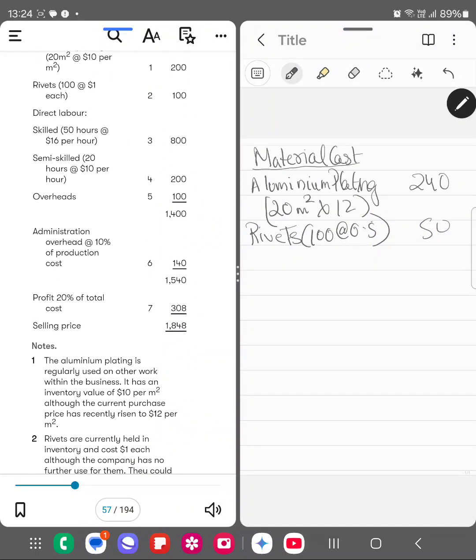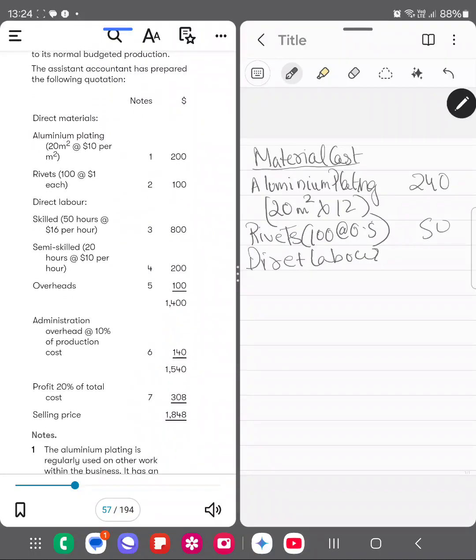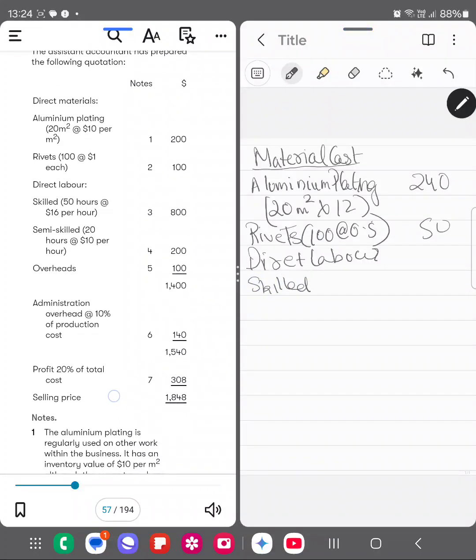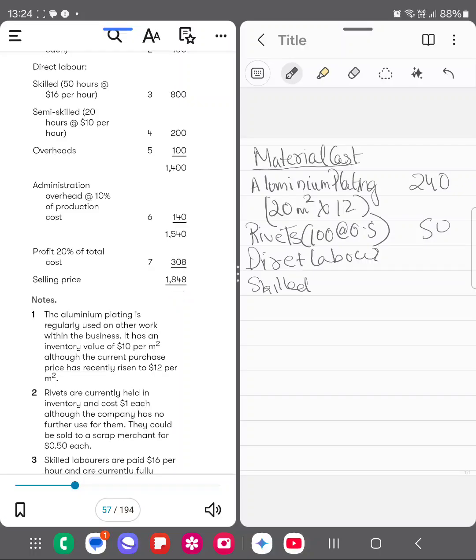Okay, now direct labor. We have direct labor, and the direct labor is skilled labor. If I need to see the cost of skilled labor, it is 50 hours at the rate of 16 per hour.